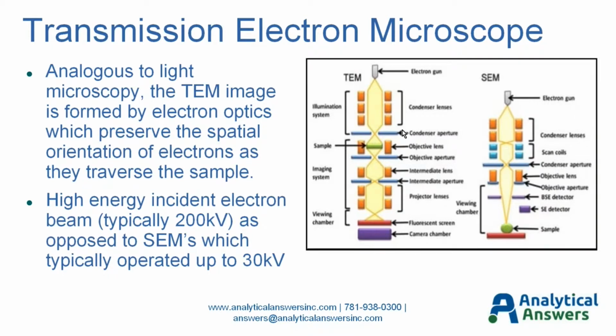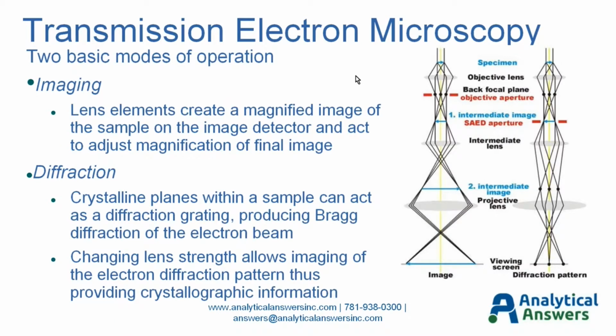TEMs, as I said, operate at generally high incident electron energy, typically 200 kilovolts, as opposed to a SEM, which operates up to about 30 kilovolts, but we usually use much lower energies when we're doing SEM imaging. And a TEM then will give you two basic modes of operation, which I've attempted to show here schematically.